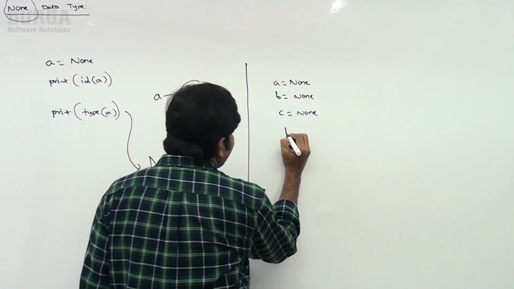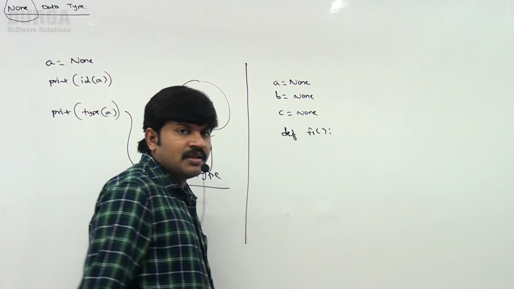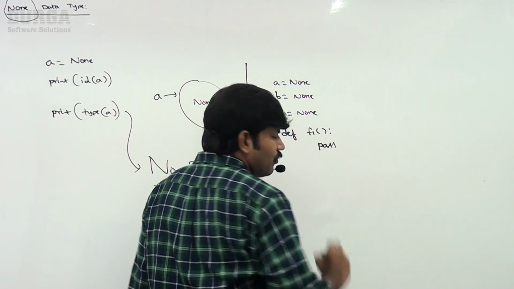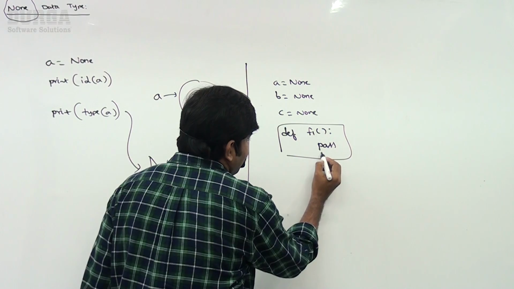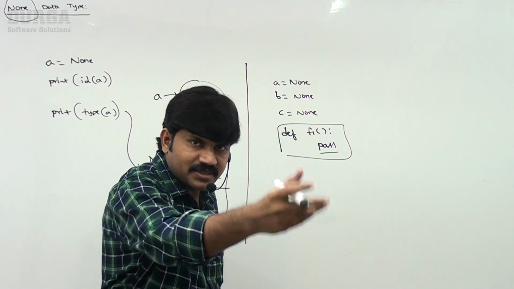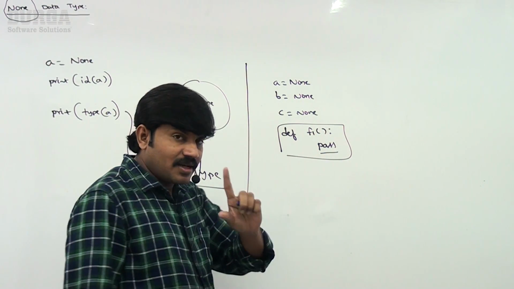Next, I am taking a function F1 with an empty body. How can you represent an empty body? By using the pass statement. What is the meaning of pass? Don't worry, we will cover it in the next sessions and I will explain very clearly. As of now, concentrate only on none.